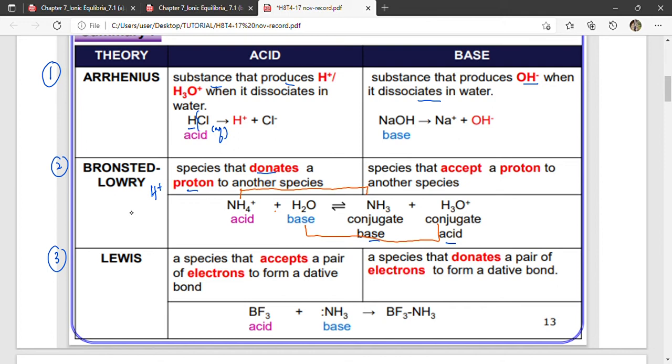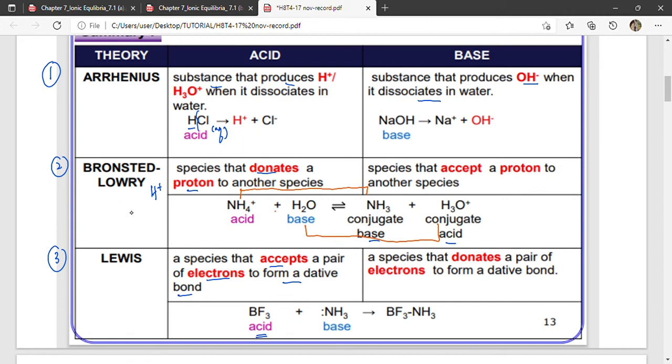So Lewis acid is the species that accepts an electron pair to form a dative bond. This is the difference between Arrhenius, Bronsted-Lowry, and Lewis. For Lewis, we are talking about electron pairs. If the species accepts electron pairs from another species, it is called the acid.